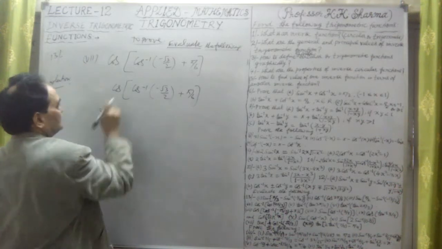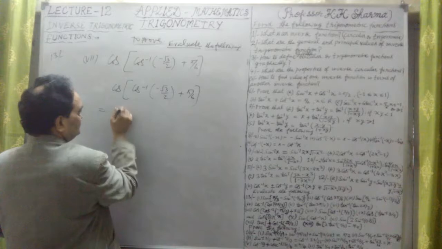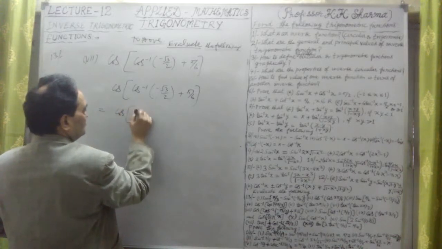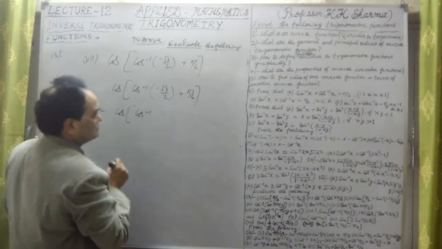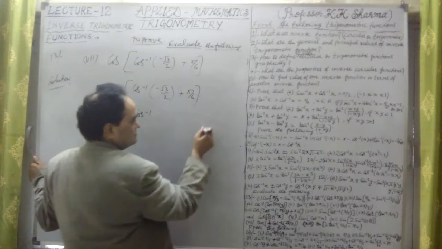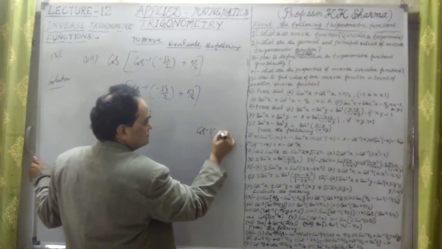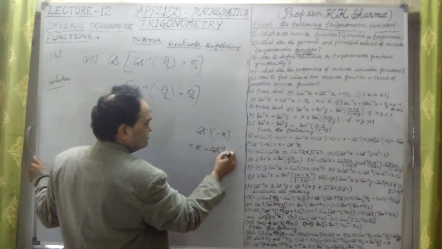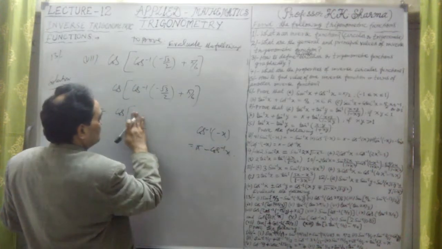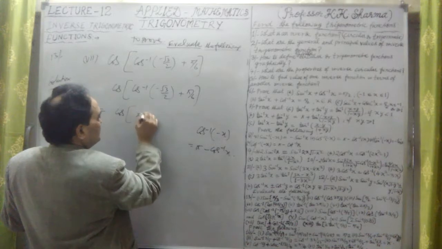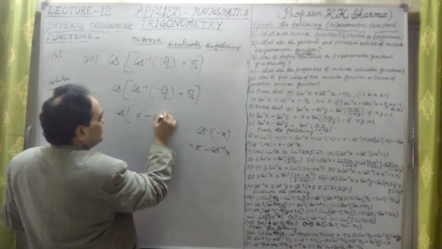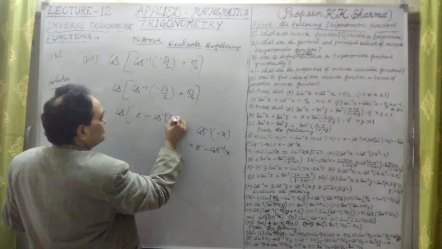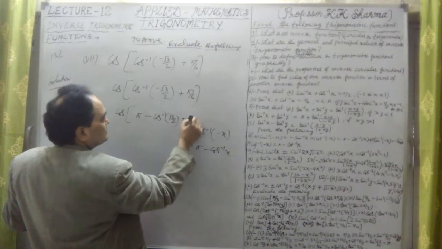This gives us cos of cos inverse of minus x. We know that cos inverse of minus x equals pi minus cos inverse x. In that way we have to write this: pi minus cos inverse of root 3 by 2, plus pi by 6 as it is.